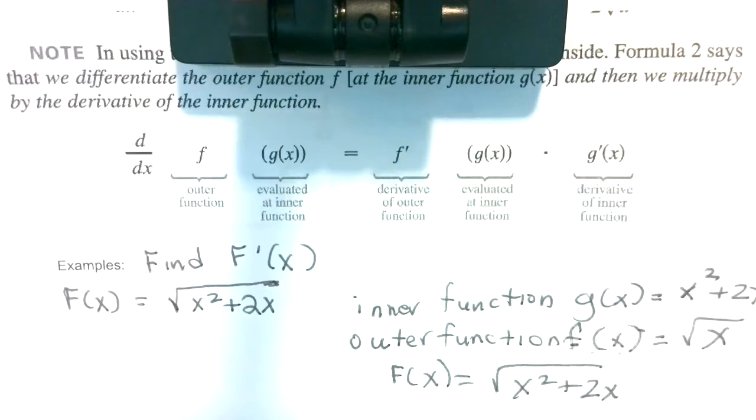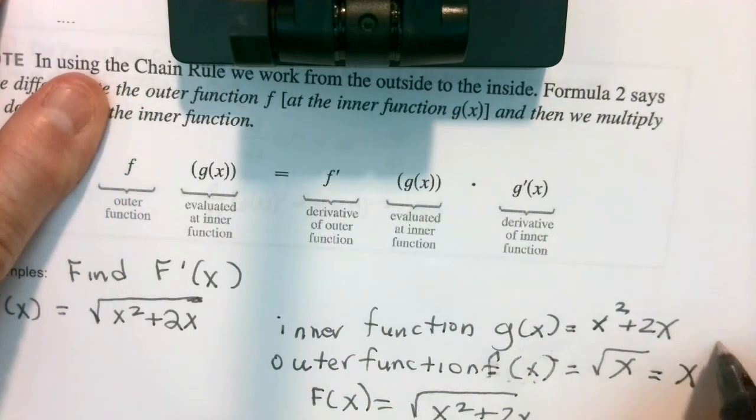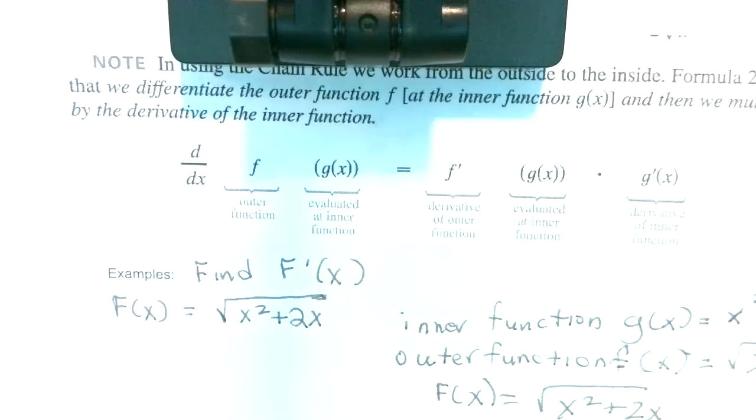Okay, and one thing to remember is that the square root of x is also x to the 1/2. Because remember, we change it to that form when we're differentiating.